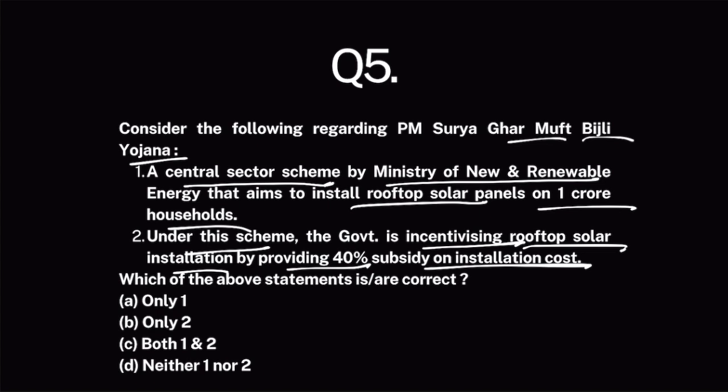Now, the thing is that government wants these 1 crore households to become self-reliant as far as electricity is concerned. Government doesn't want them to be dependent on government for providing electricity. For that, government is providing them financial incentives to install rooftop solar panels over their roof, which would produce electricity and provide to their house.